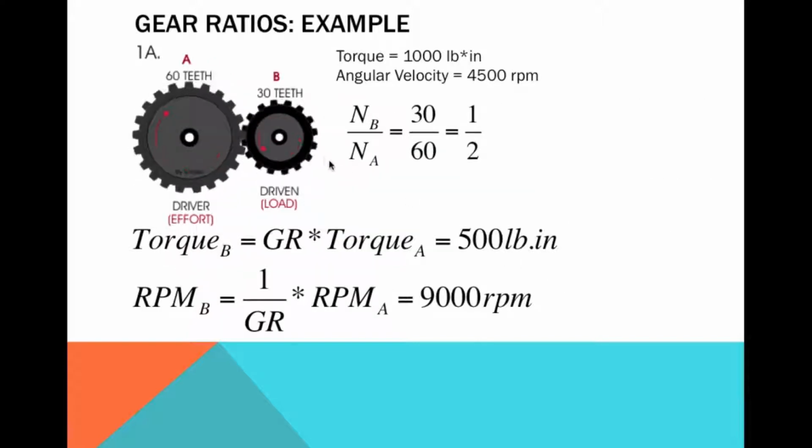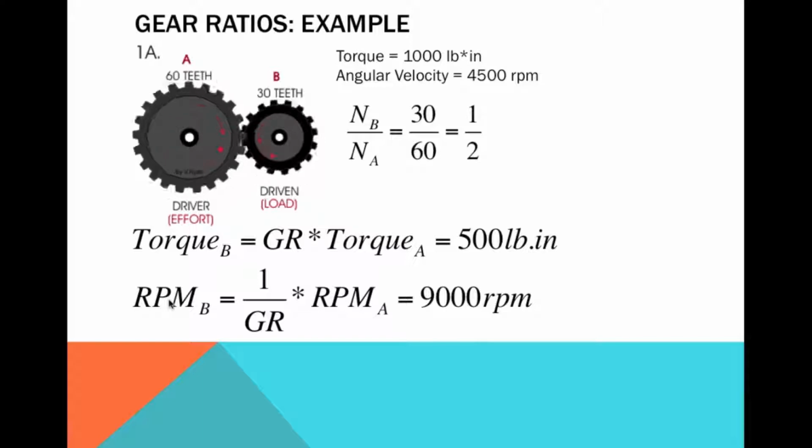As a quick example, since we have 60 and 30 teeth, we have the output over the input, so our gear ratio is 1/2. So the torque on B is the gear ratio 1/2 times the torque on A. If we have 1,000 pound-inches, then we're going to have 500 pound-inches over here.